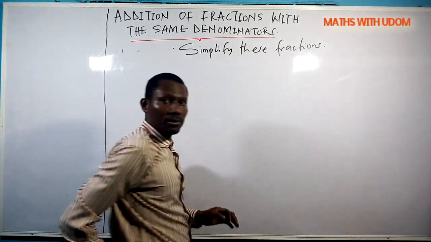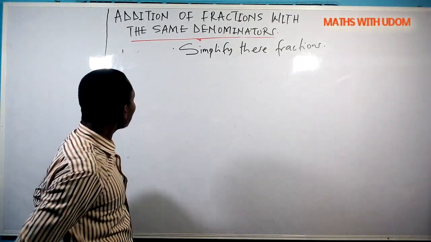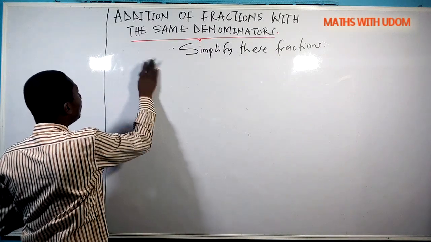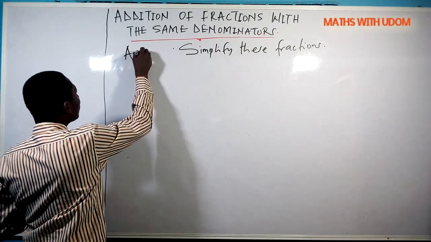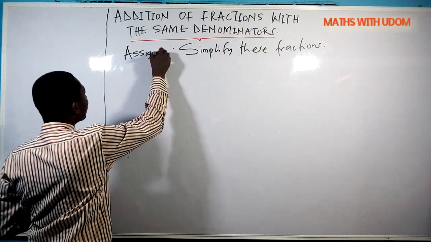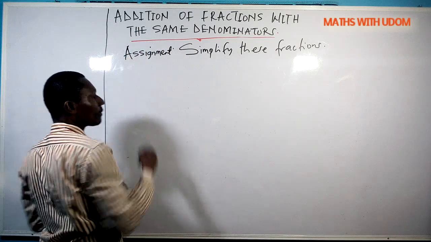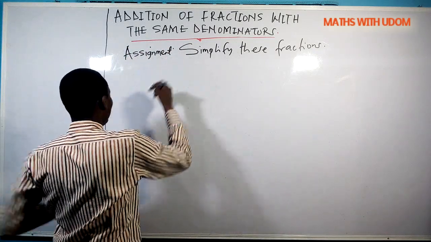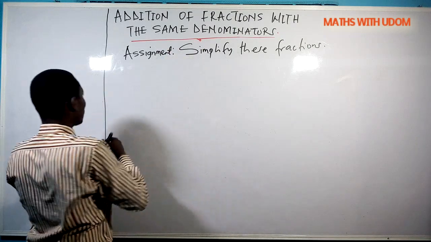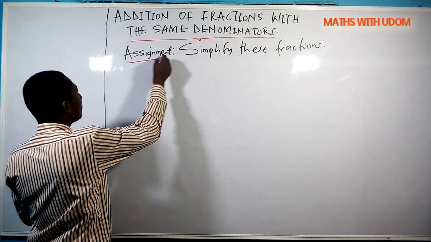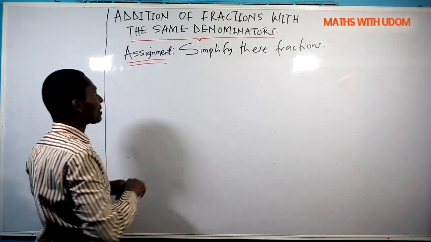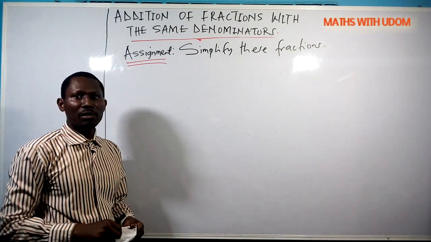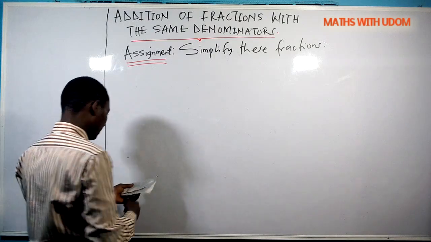Okay, so let's take our assignments. Is that okay? All right. So let's underline that. So what is our assignment? Our assignment is that we have to simplify the following fractions. So what are the fractions?